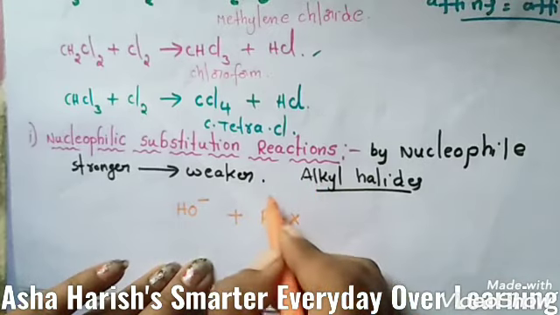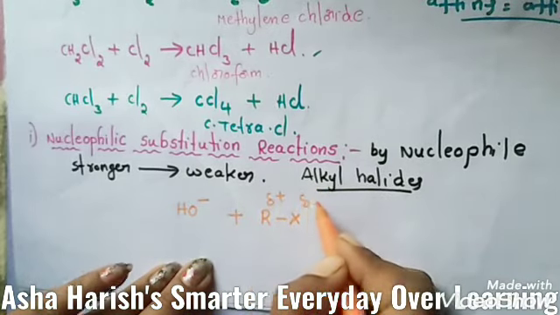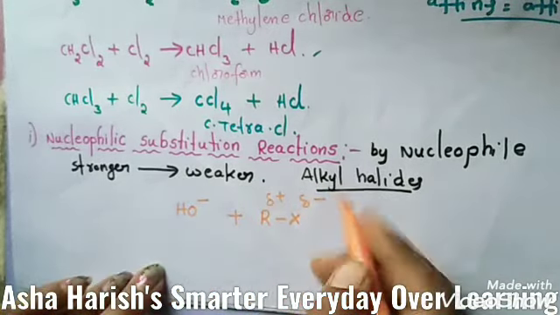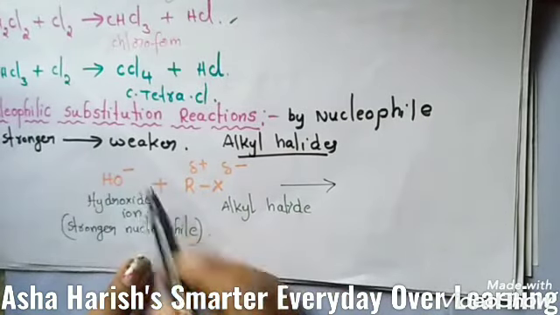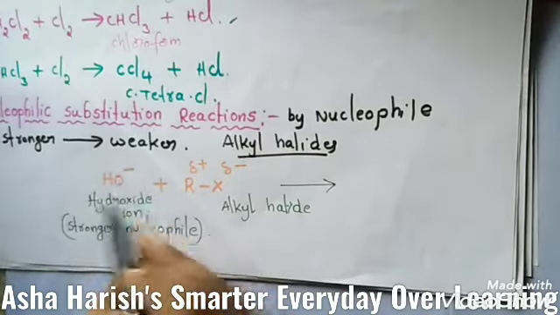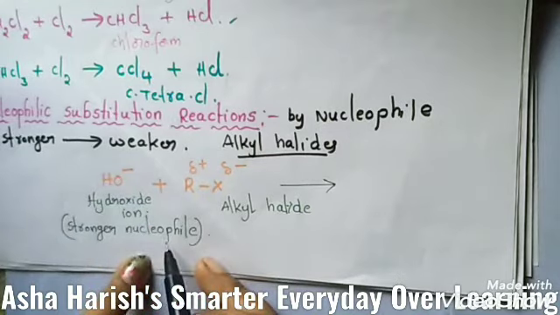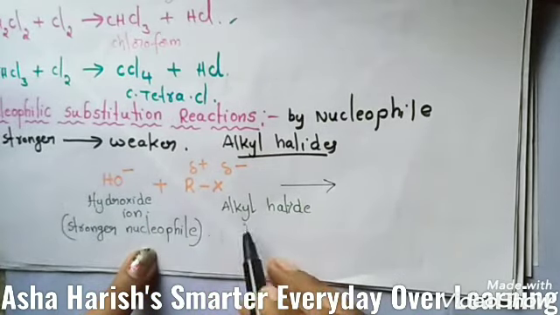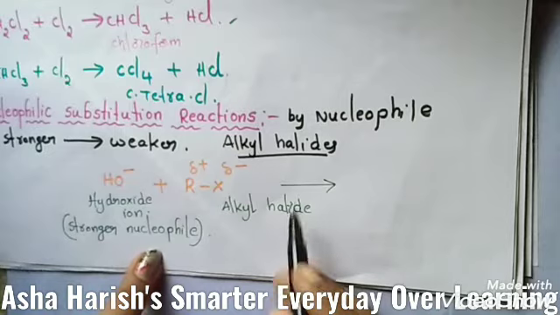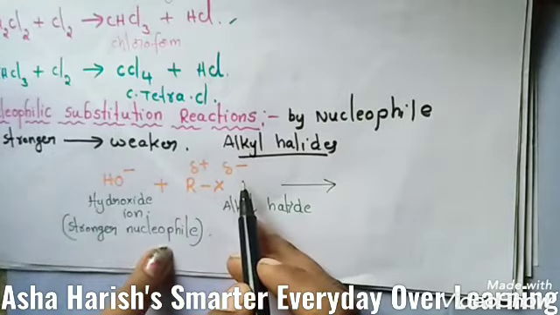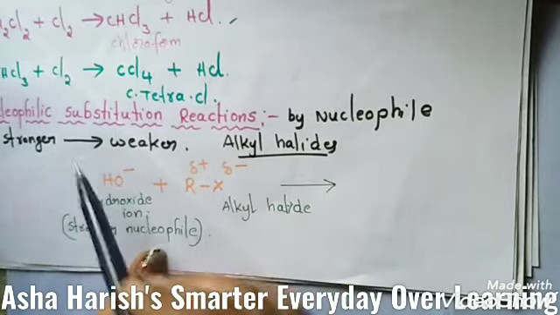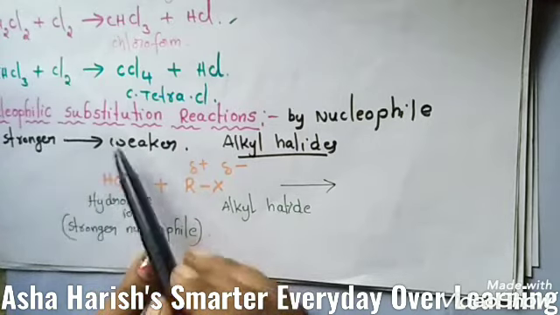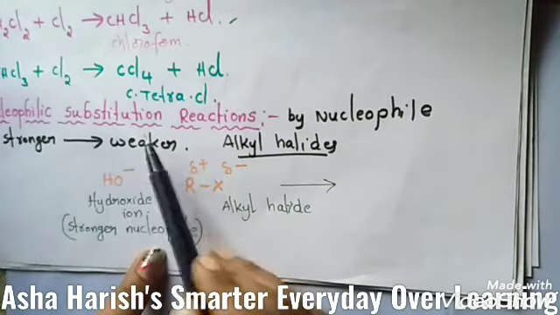Okay, and here are the delta plus and delta minus. Here this OH minus is the hydroxide ion, acting as a stronger nucleophile, and RX is the alkyl halide which has positive and negative charges. And students, here you can see stronger nucleophiles replace the weaker nucleophiles.